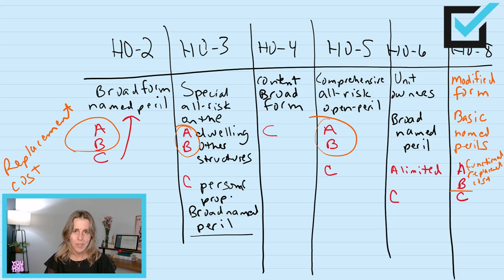If the limit is not adequate, meeting the 80% clause, then the insurer has two choices.